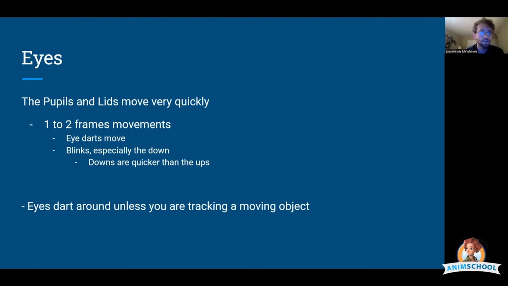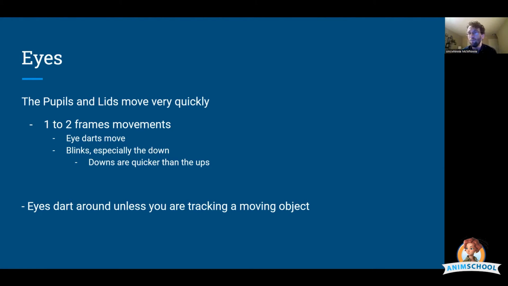So with our eyes, the pupils and lids move very quickly. I think the pupils tend to move the quickest. Generally they're going to be darting around over 1 or 2 frames. The only time your eyes are going to move relatively smoothly is if you're tracking an object moving.